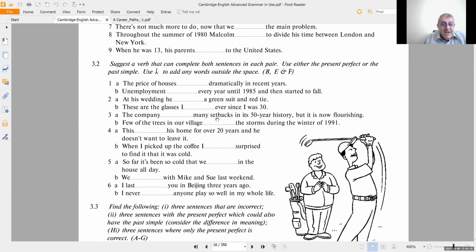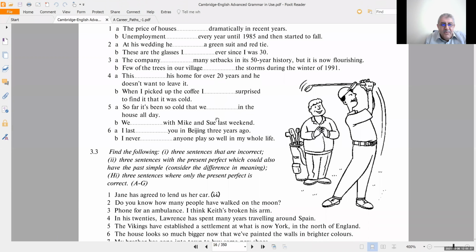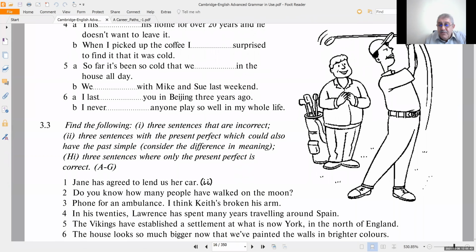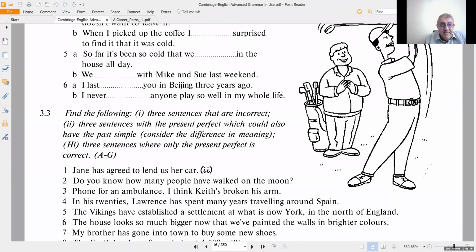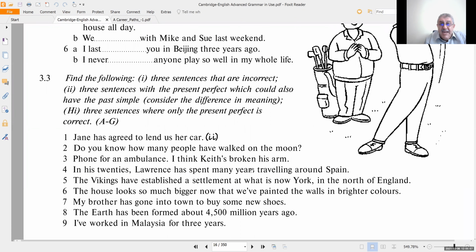Okay, now we have this exercise. You can do exercise number 2 in your free time. I'm going to do exercise number 3 with you, and you can check the model answers as well. Number 3.3, find the following. This exercise is a little bit interesting.